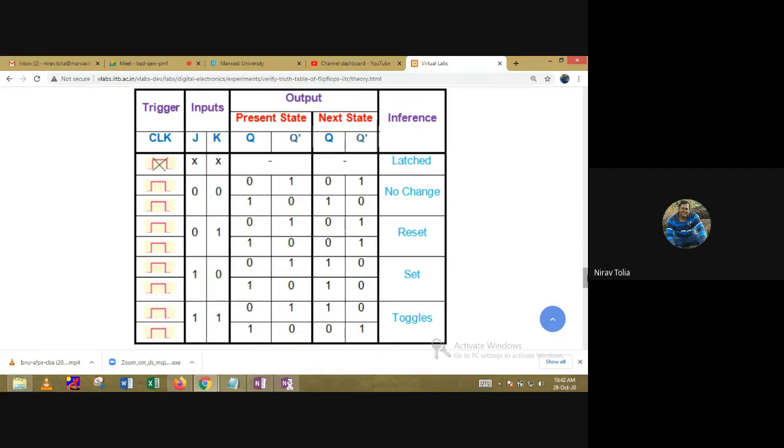If my input J is 0 and K is 1, then my output state is reset. If my J is 1 and K is 0, my output state is set.